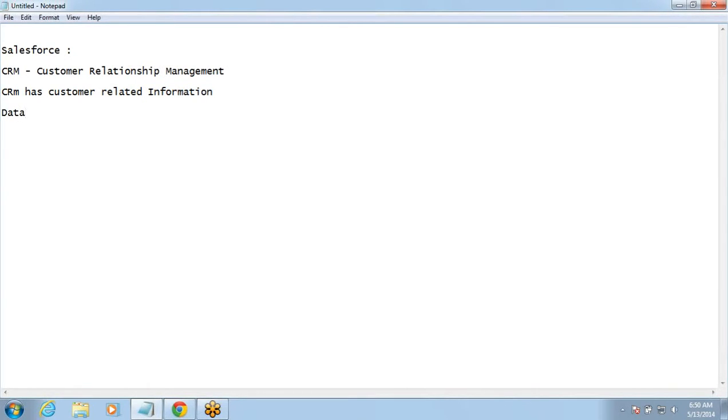So basically CRM requires to store a lot of data, right? So that is what we derive out of it. So CRM is a tool which can help maintain relationship. How does CRM work? It stores all the information related to customer. So there are a lot of information which need to be stored there.